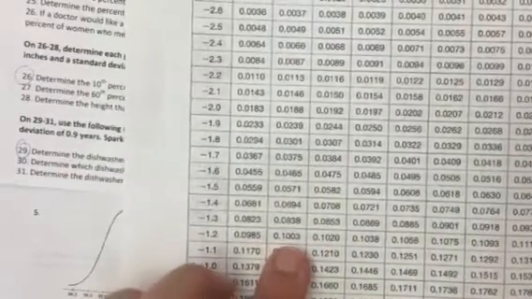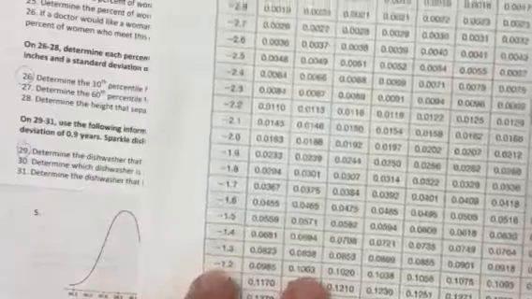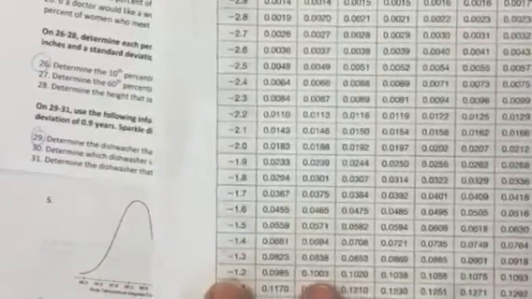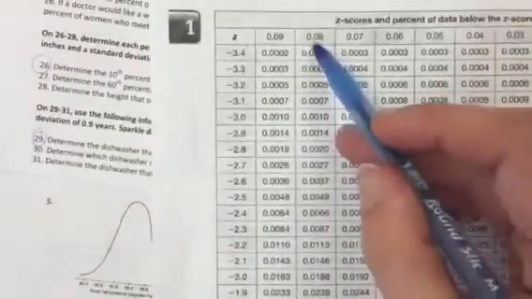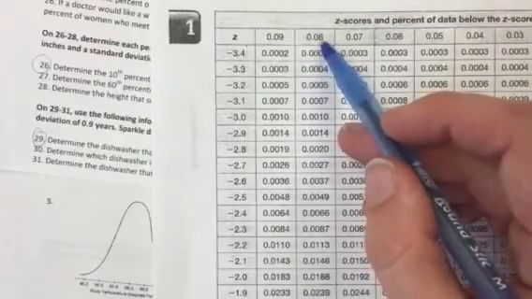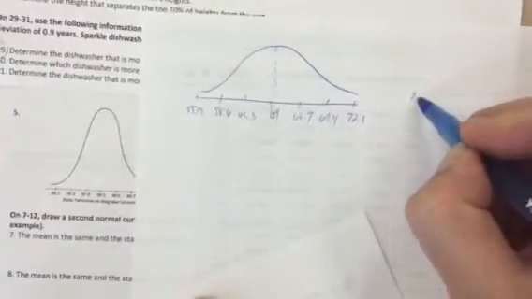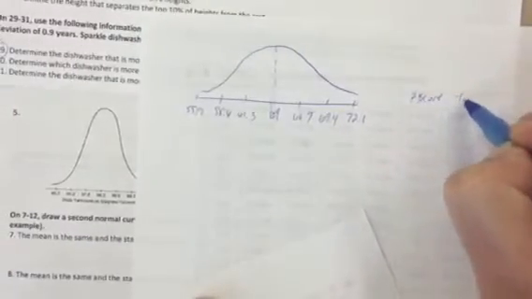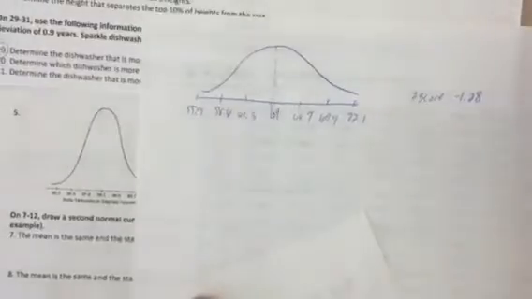And so we need to get the z-score from that. So that is negative 1.28, right? So that's the 100th place. Negative 1.28, so I'm going to write that down. So my z-score is negative 1.28.